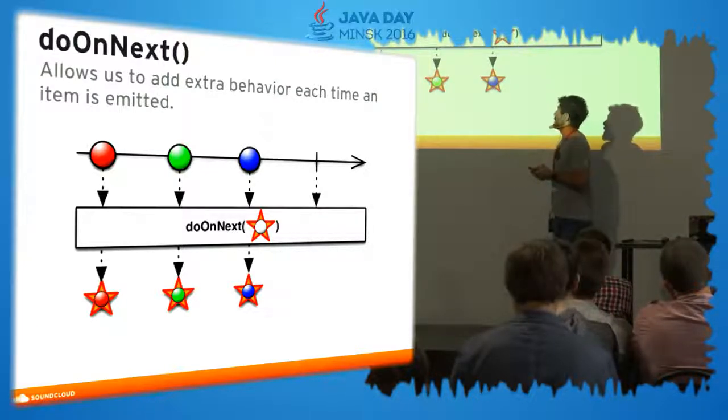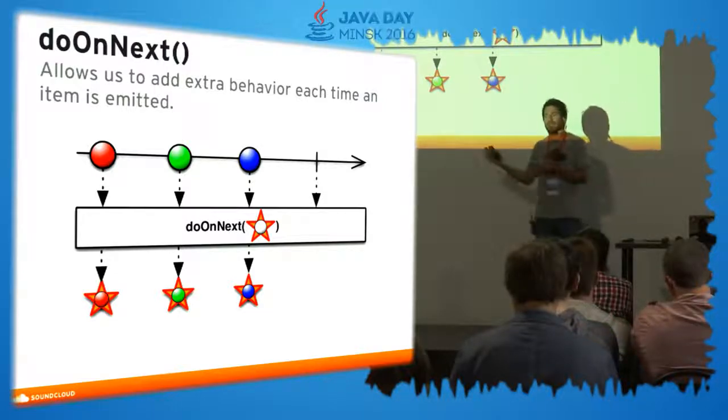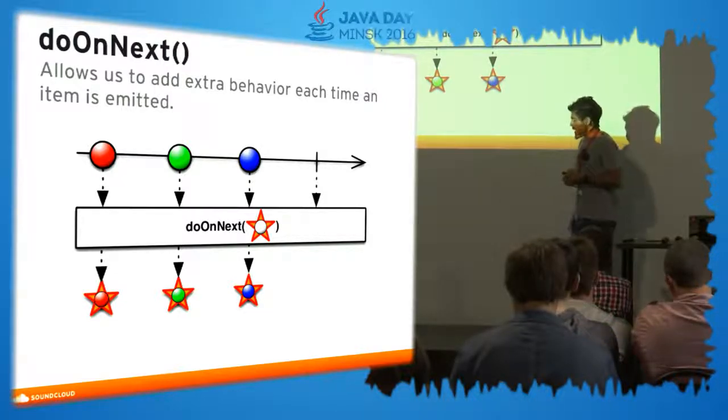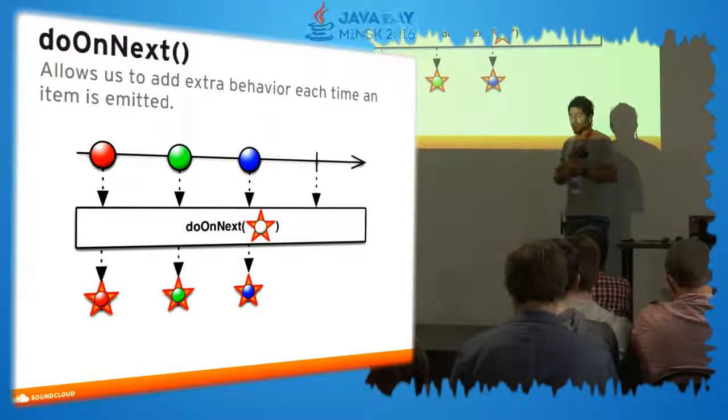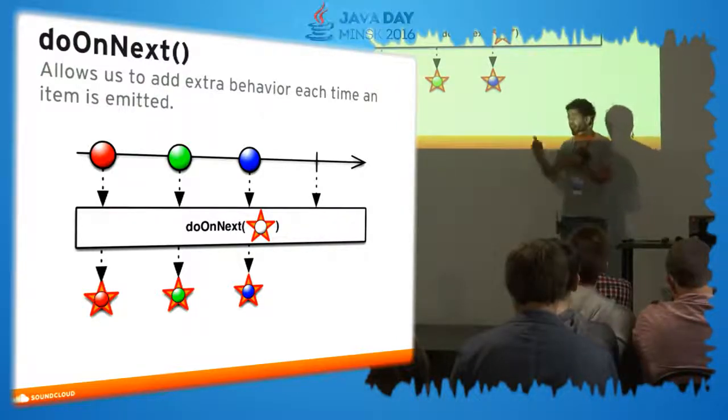So for example, let's say we are hitting an API and receiving a bunch of users. Every time I receive a new user on my subscriber, I can apply this operator on my observable pipeline and say, all right, every time I receive a new user, do this and that.